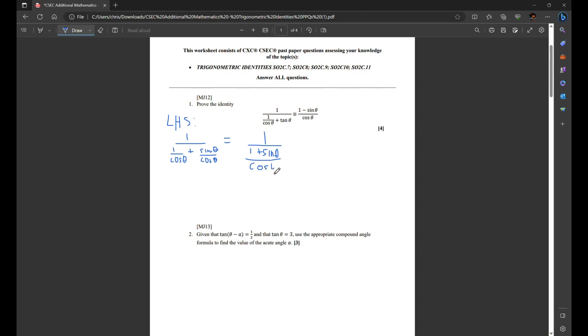What this allows us to do now is just flip this fraction, because we have 1 over a fraction. That means we can just write it as the reciprocal, which is simply cos theta over 1 plus sine theta.